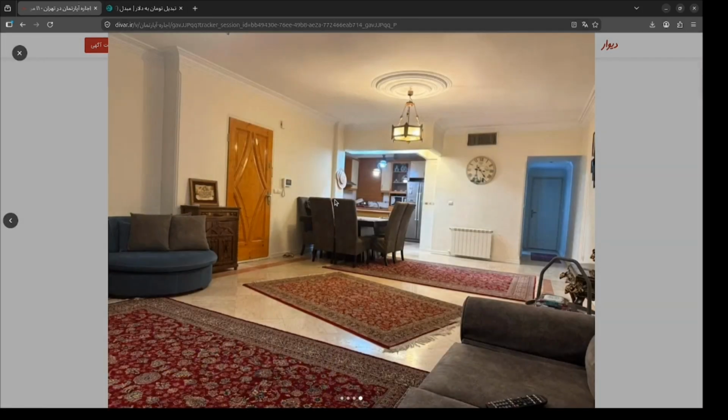And here is the image. It's not that luxury, I suppose, but it's a good neighborhood. I suppose they get the amount because of the neighborhood, not because of the apartment itself.